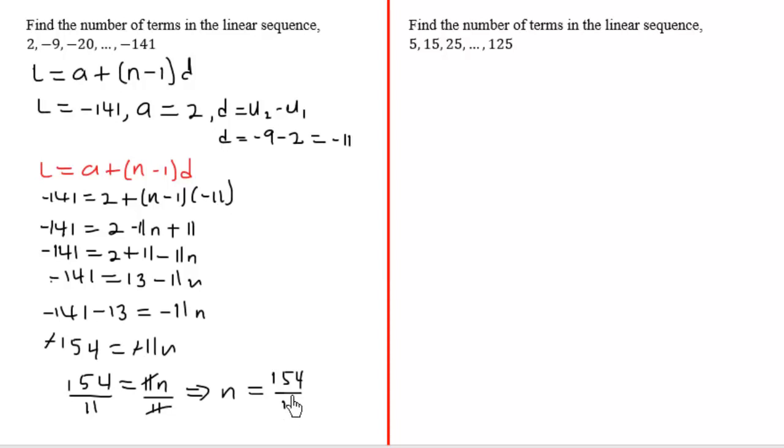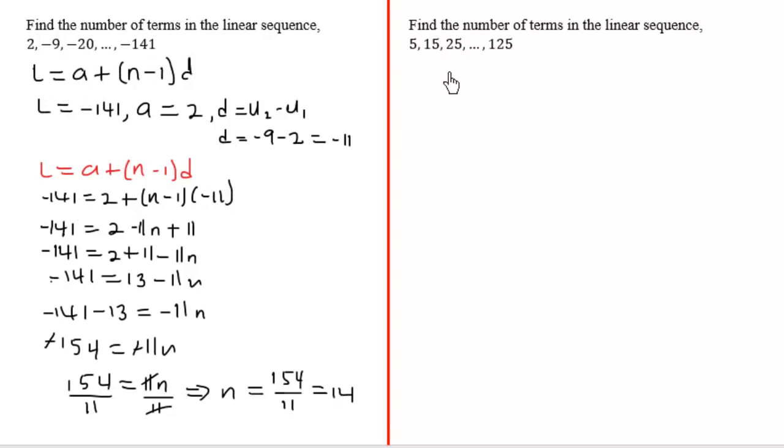So what is 154 divided by 11? Let's use the calculator to tell us the answer. So n is equal to 14. So the number of terms in the sequence is 14. It means from 2 to -141, the number of terms will be 14.